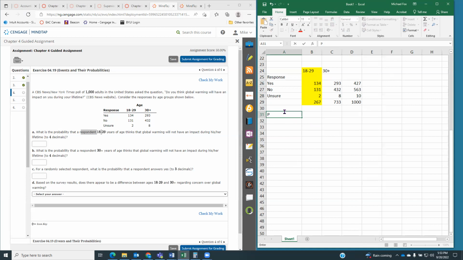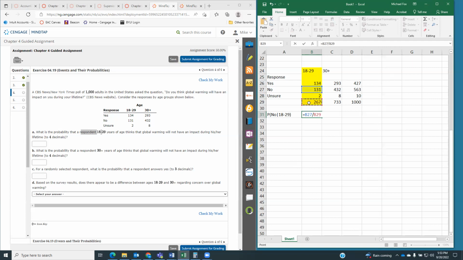Given that we're limiting our set to 18 to 29 year olds, the probability that they are a no. So the probability that our response is no, given that they're 18 to 29 years old, means we're going to say the probability is 131 people out of 267 total.